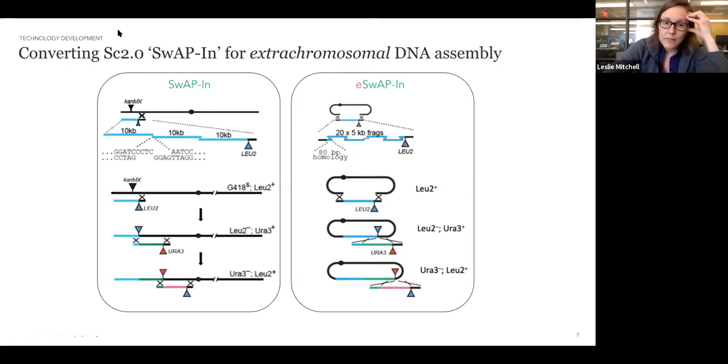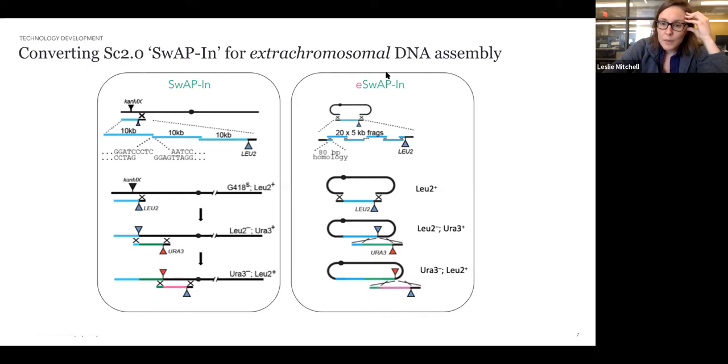And so we converted this technology for extrachromosomal DNA assembly, thinking about driving efficient assembly of 20 or 35 kb fragments simultaneously, which really comes down to what sequence you encode in the termini, and then leveraging this iterative selection strategy such that we can grow these sequences from 30 to 60 to 90 kb via these iterative selection steps and transformation and sub-assemblies.